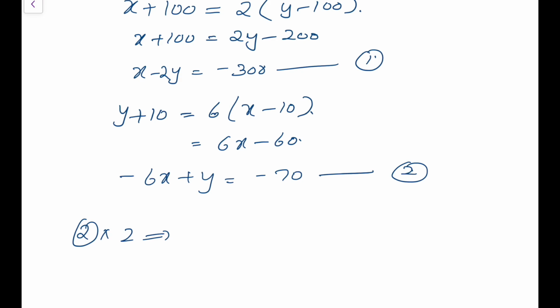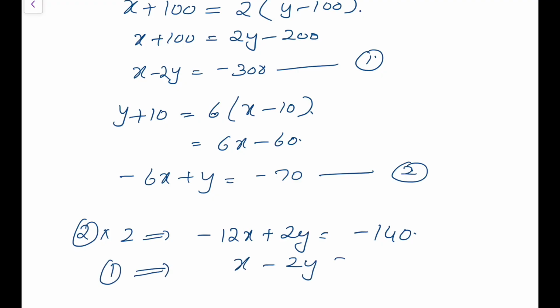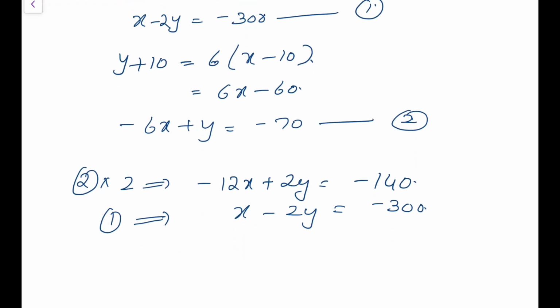So multiplying equation 2 with 2, we get minus 12X plus 2Y equal to minus 140. And equation 1 will be as it is, X minus 2Y equal to minus 300.